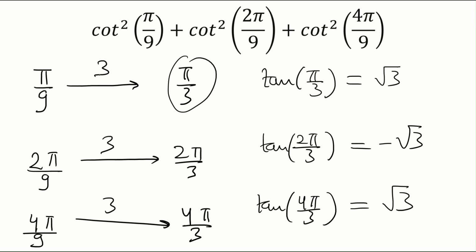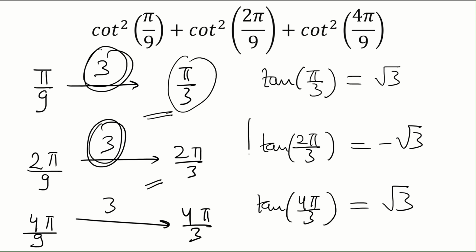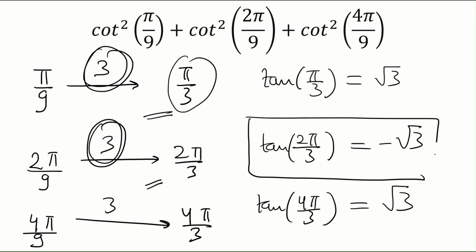One is that all these three angles are getting converted into nice standard angles by multiplying with the same factor 3. And there is one more thing, that the tangent of these tripled angles is coming out to be the same or almost the same. For the second angle, we have a small problem of negative sign, but in trigonometry, positive and negative are very small problems. We know that we can manipulate these angles to remove this negative sign.